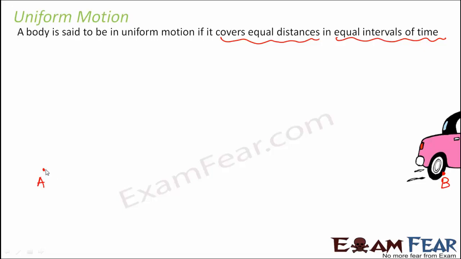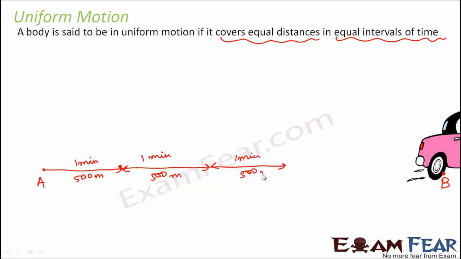Let's suppose that in a time period of 1 minute, it covered a distance of, say, 500 meters. In the next 1 minute, it again covers 500 meters. Again, in the next 1 minute, it covers 500 meters. So if it covers the same distance in an equal interval of time, then we say that the motion is uniform.